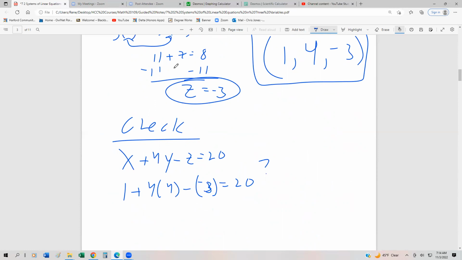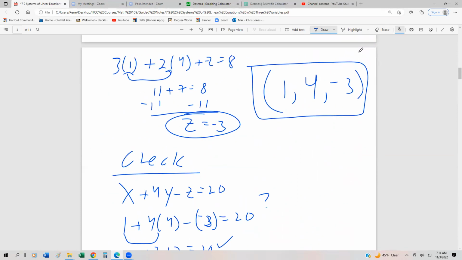And we don't know if that's true or not. So this is 1 plus 16, which is 17. So this is 17 plus 3, which is 20. So it looks like it checks out for two of the three equations. If it checks out for two of the three, it's most likely going to check out for all three. So that's how we solve by using our methods for three equations and three variables.